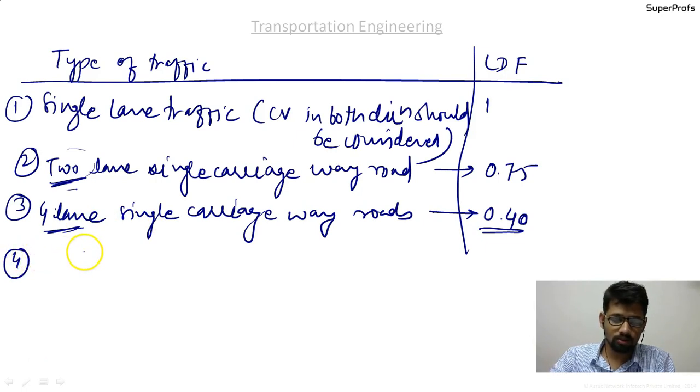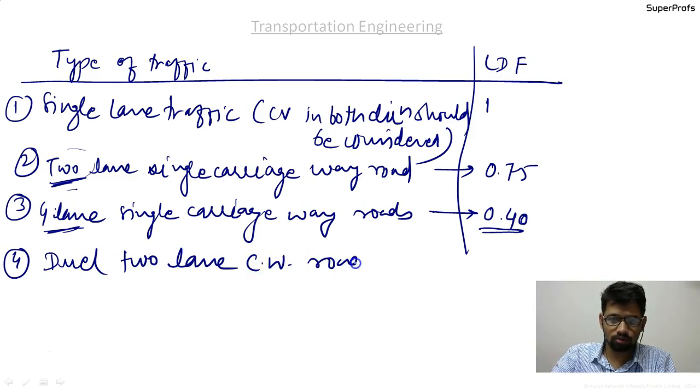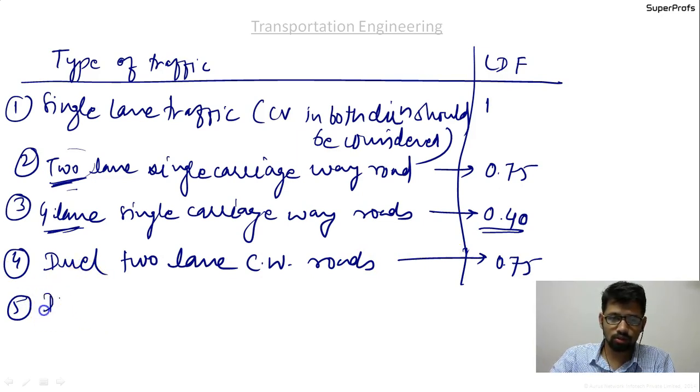Okay, so dual two lane carriageway roads, here it is 0.75, and dual three lane or four lane carriageway roads.